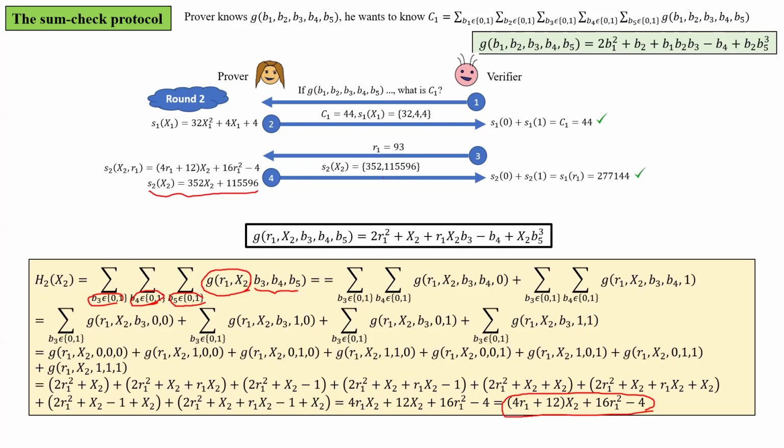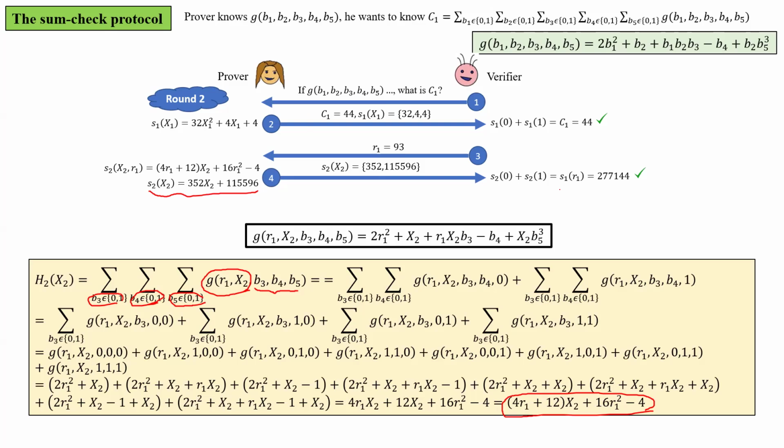Similarly, on the verification side, the verifier forms s2(x2) using the received coefficients, and then calculates s2(0) and s2(1). In addition, from the previous rounds, the verifier knows the function s1(x1).